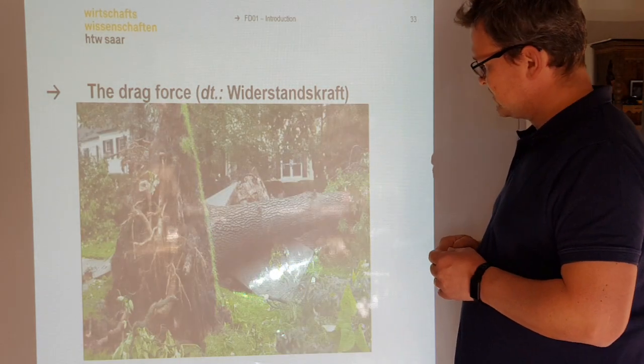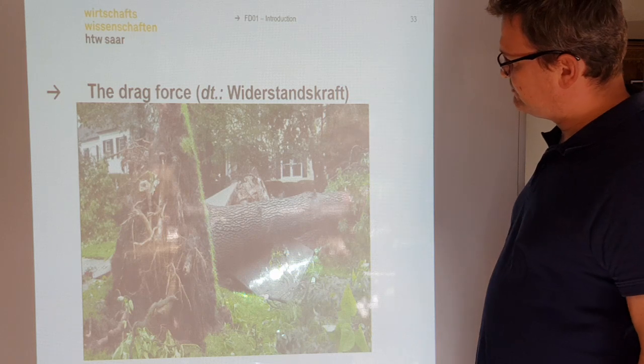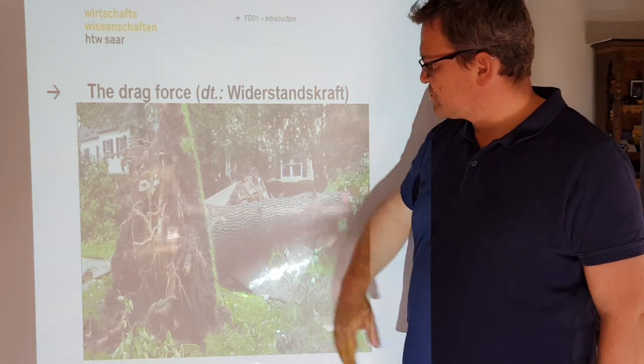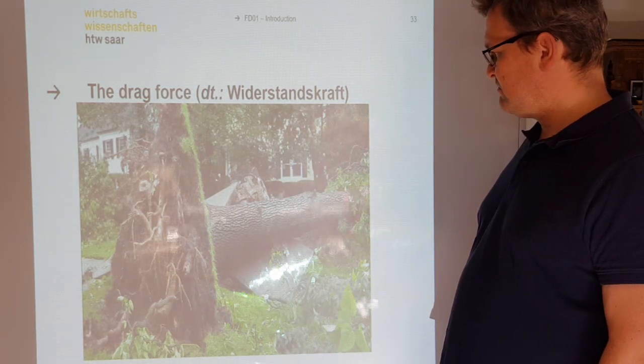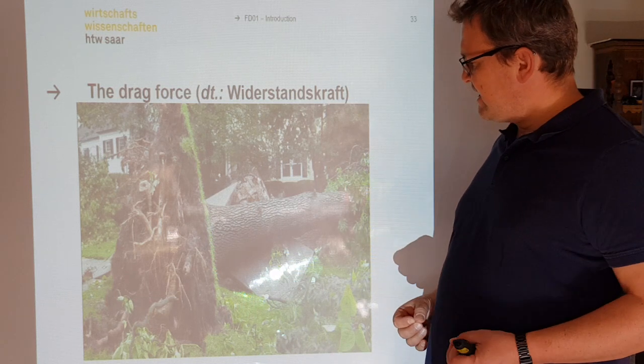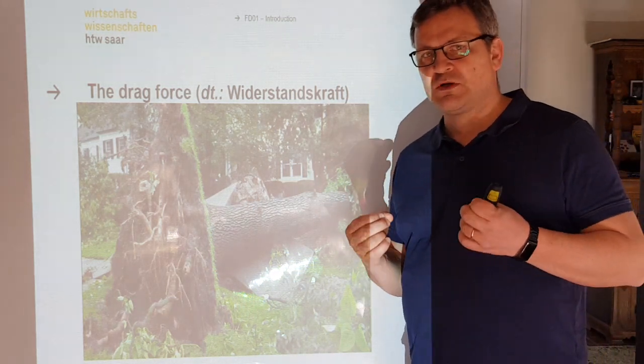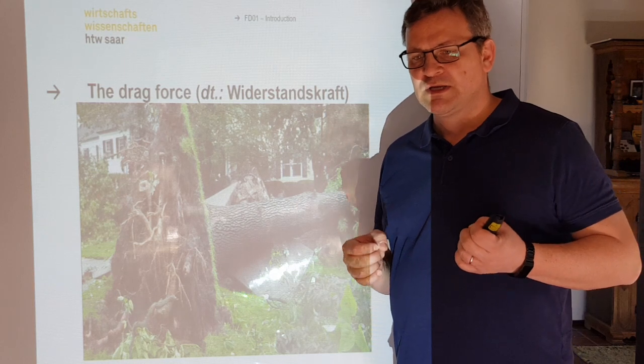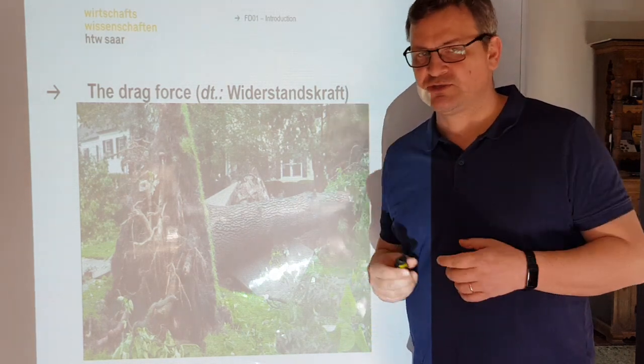For example here, we have a good picture of a damaged tree after a thunderstorm, and so you can estimate that the forces we get only from air movement can be really high and dangerous.